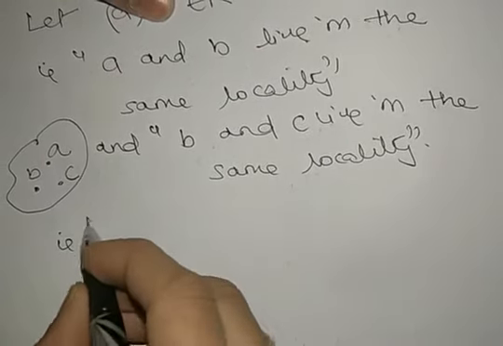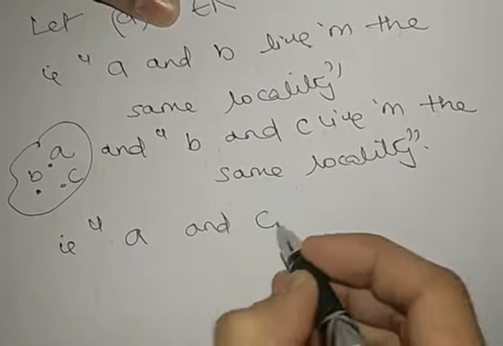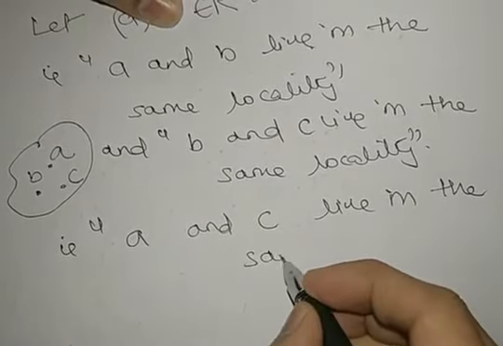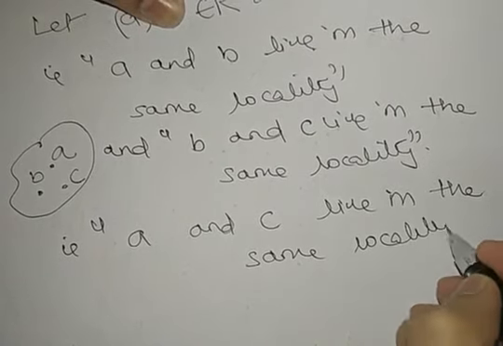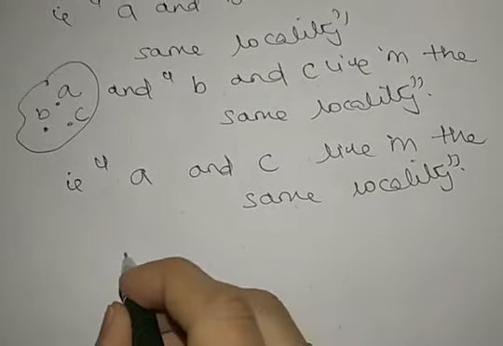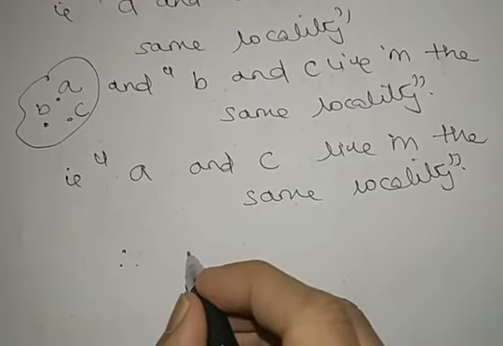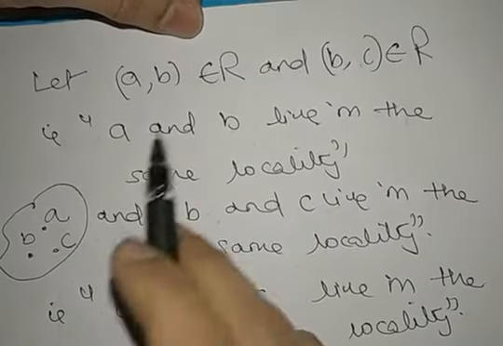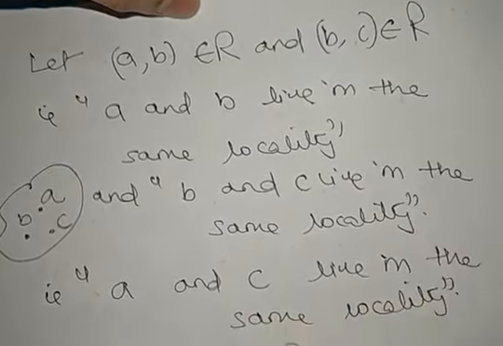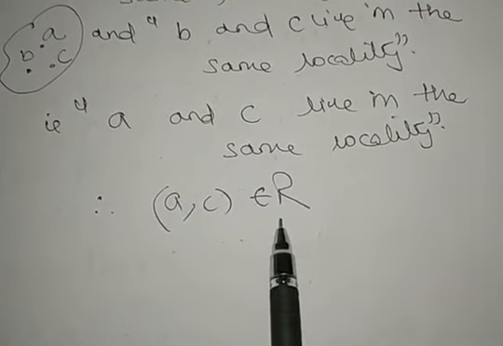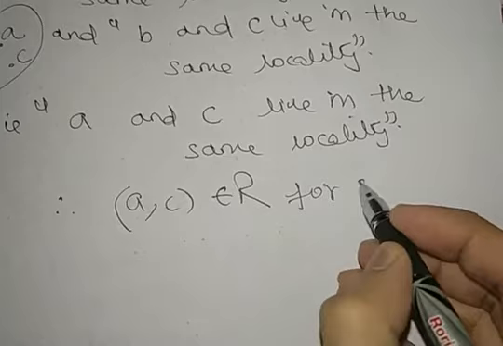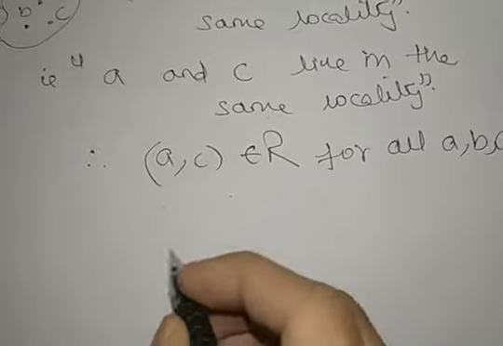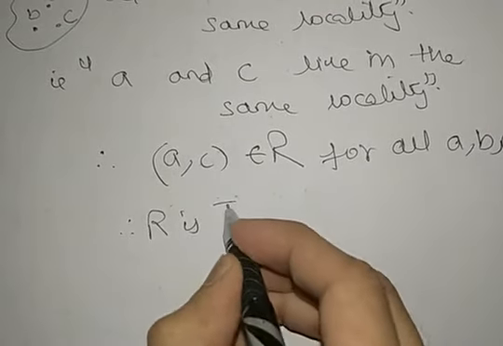So (a, c) belongs to R. That is, (a, b) belongs to R and (b, c) belongs to R implies that (a, c) belongs to R. This is true for all a, b, c. Therefore R is transitive.